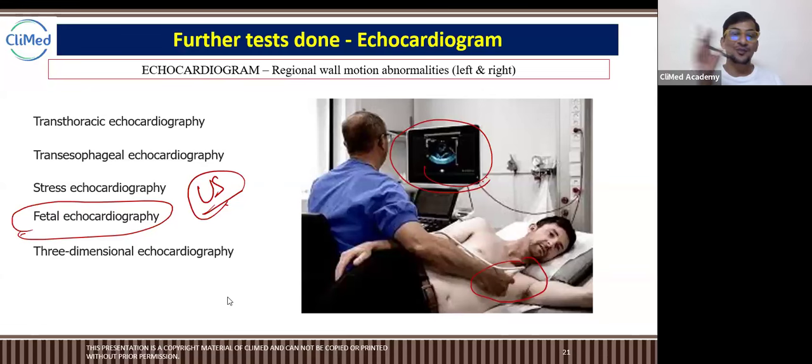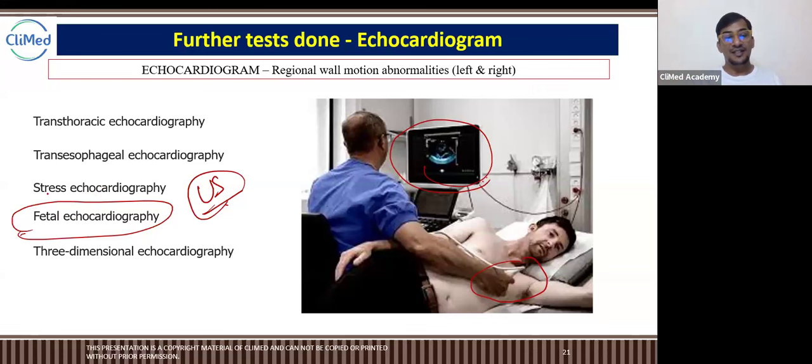We don't use it so the probe can slide easily on the chest. No, it is to make the process easy and capture the sounds more efficiently. That is called conductive gel. So you can easily capture the sounds of the heart and blood. It also makes a uniform surface. Yes, right. So fetal echocardiography is one.